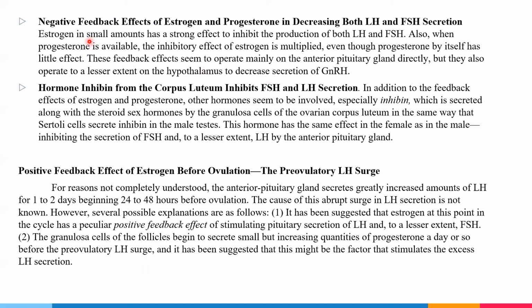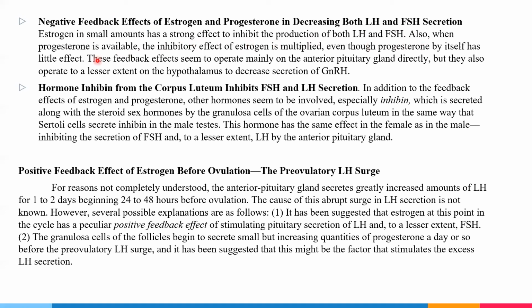Next, let us look into the negative feedback effects of estrogen and progesterone in decreasing both LH and FSH secretion. Estrogen in small amounts has a strong effect to inhibit the production of both LH and FSH.